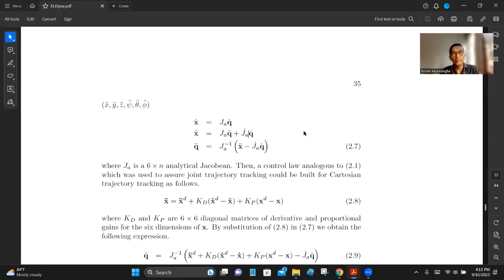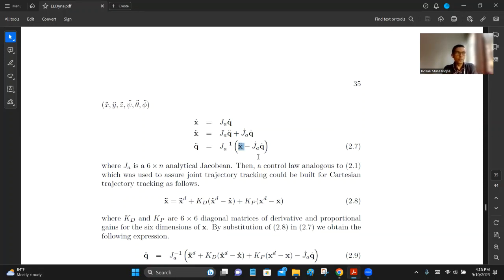And from there, you can actually get your Q double dot as the subject of the equation, bringing the other term to the left-hand side and by inverting the Jacobian. So this, 2.7, is the equivalent expression for Q double dot if you know X double dot. Of course, you need to know Q dot and Jacobian.